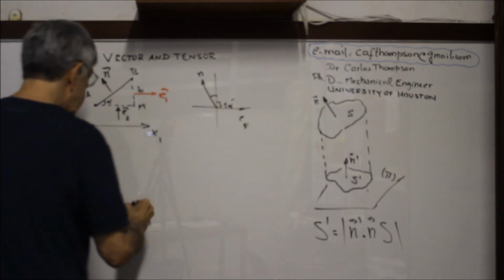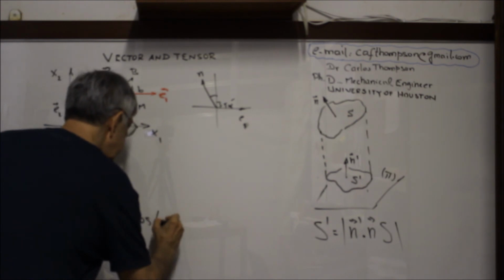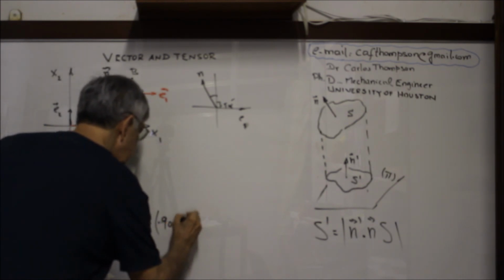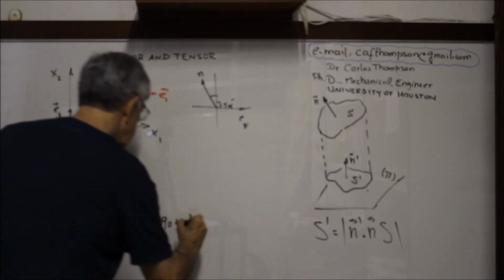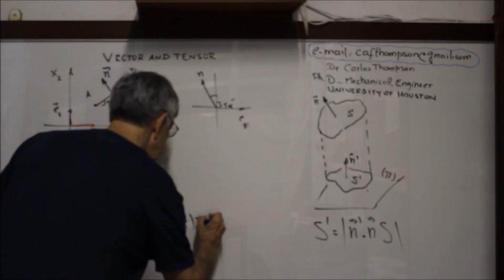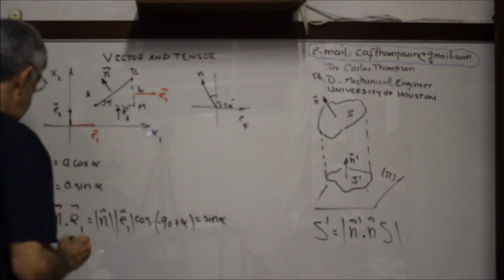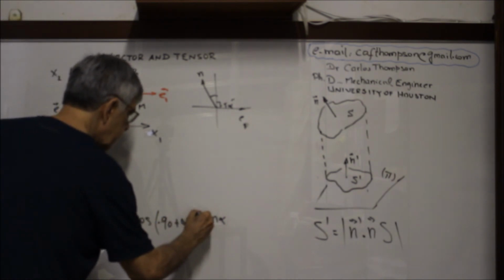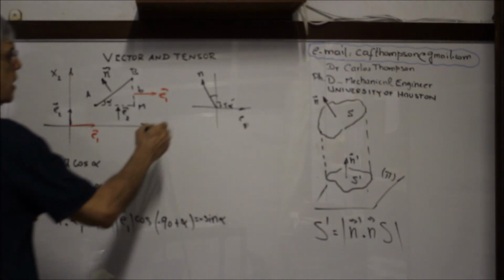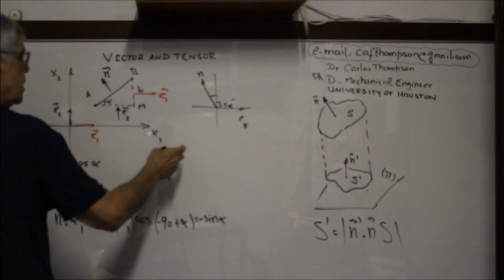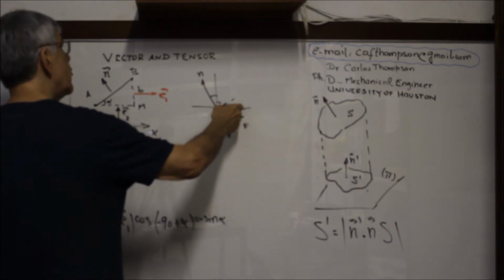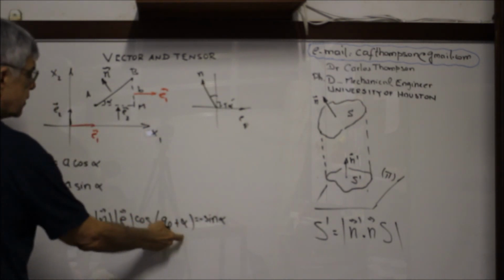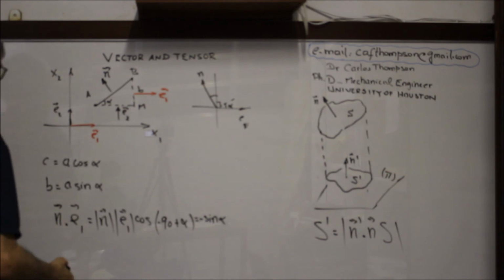So cosine of 90 degrees plus alpha is minus sine of alpha, because when the angle is greater than 90 degrees, the cosine is negative.